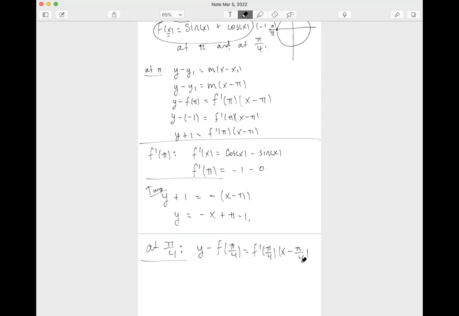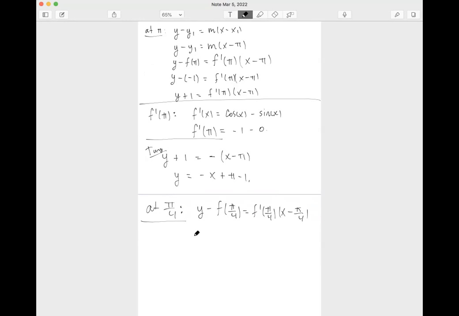So do you remember what sine and cosine of pi over 4 are? Pi over 4 is like the halfway point between the x and y. I remember thinking that they're the same.